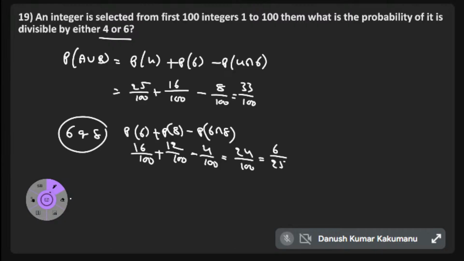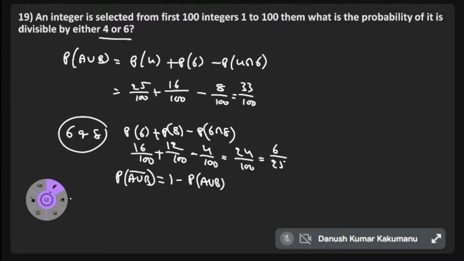Whenever you find either A or B, what you have to do? We have to go with the additive law. And if it is neither A nor B, that is P of A union B complement, which is 1 minus P of A union B. Neither A nor B is equal to 1 minus probability of either A or B. Observe the word that is used.